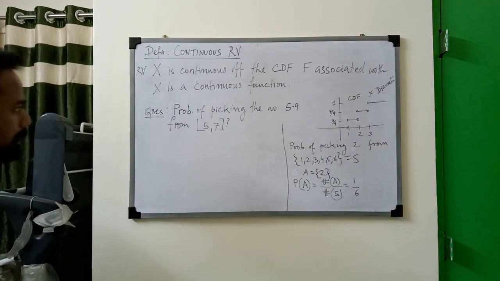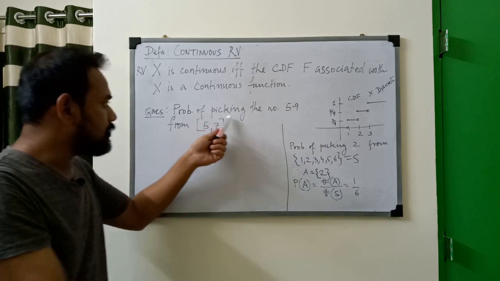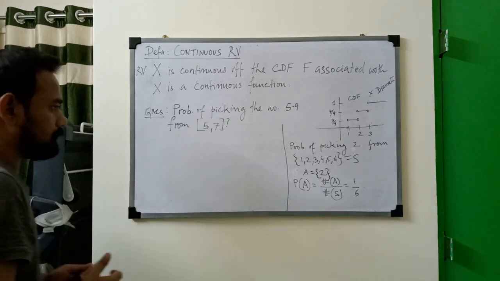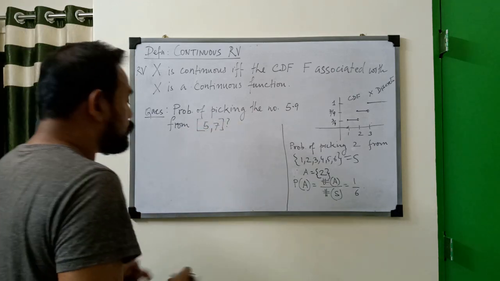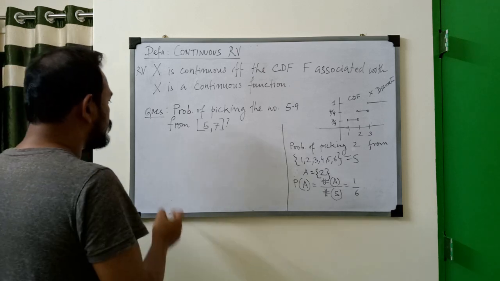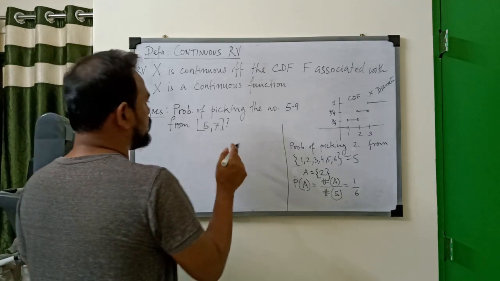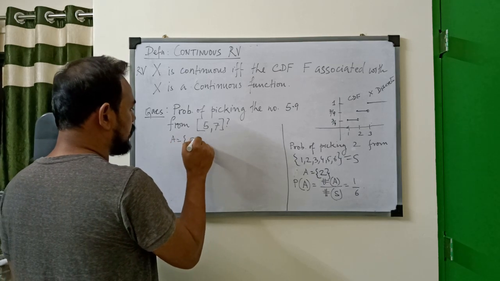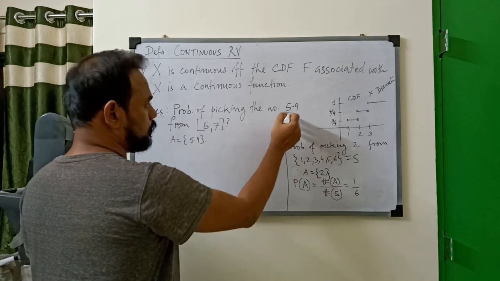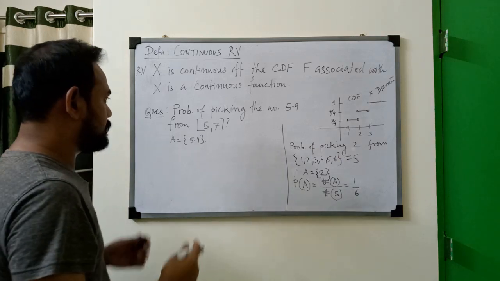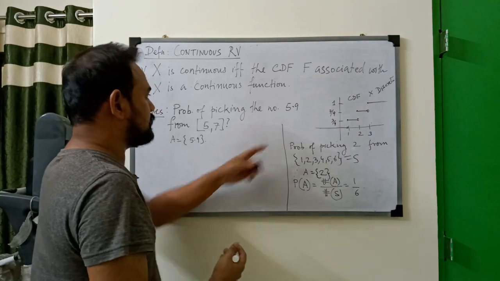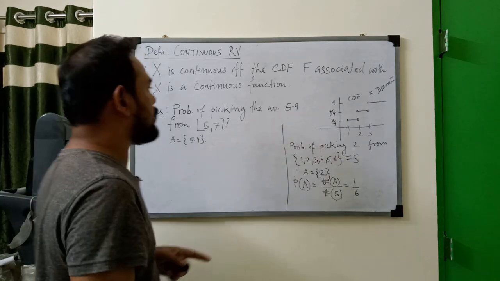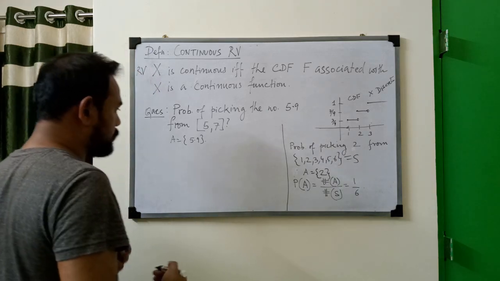Now, what if I ask you to answer this question by the same logic? Can we answer the question by the same logic? In this case, if I take the event A as 5.9, I'm asking if you can pick this number and with what probability.